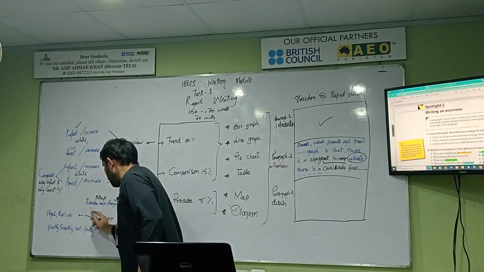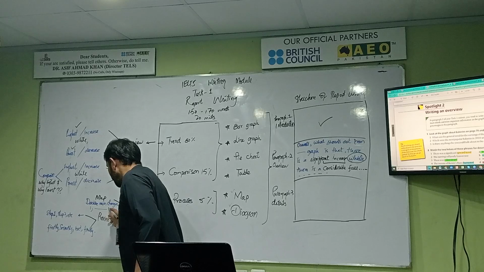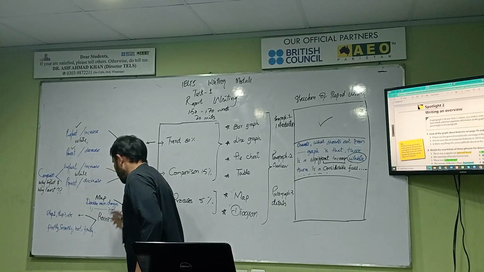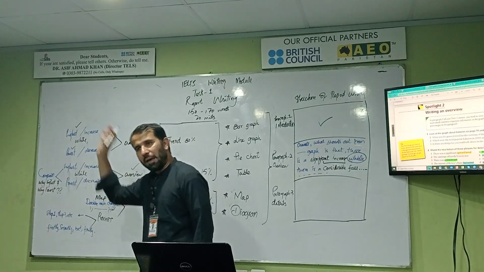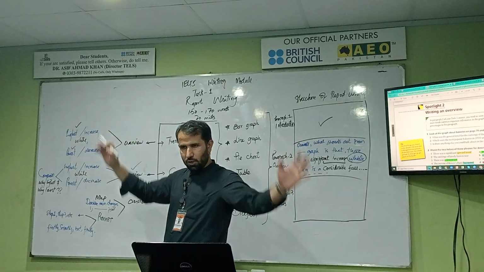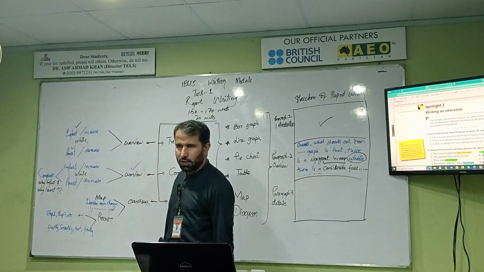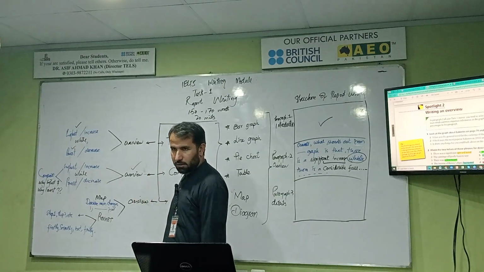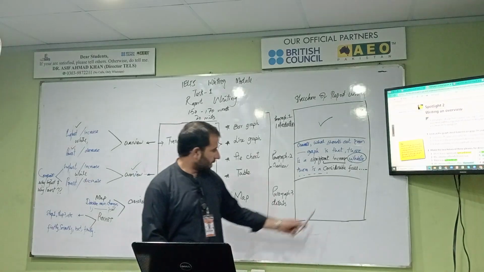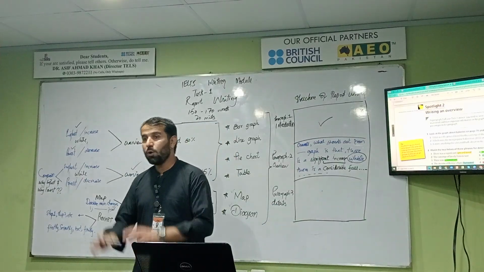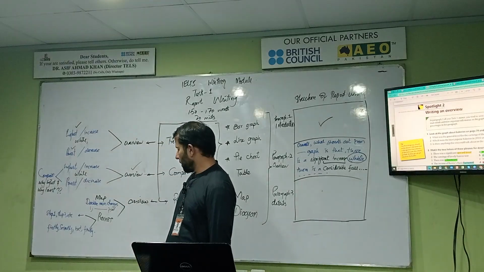From the first changes to the final changes. You will not mention each and every point. First point and then main changes. Main changes. You will leave the minute changes. You will not mention that, because the minute changes you will mention in details here. In overview, big changes, majority.